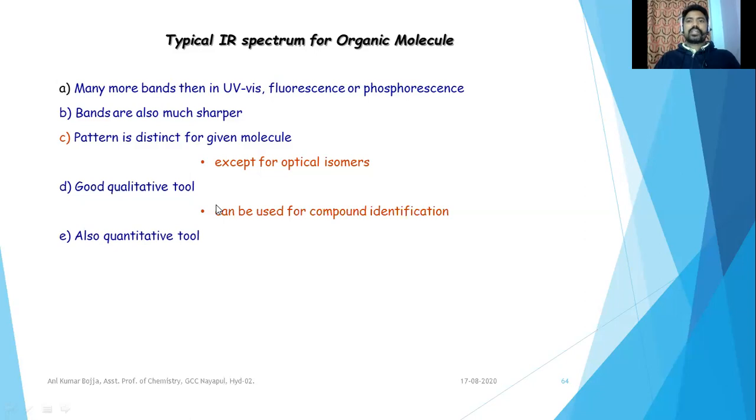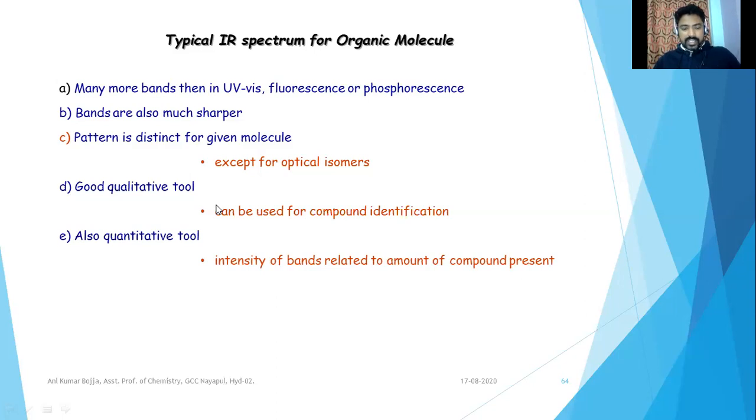It is also a quantitative tool, in the sense that it provides information quantitatively during the progress of a chemical reaction. Of course, we can identify how much completion of a chemical reaction has occurred. Simply put, reaction progress can be monitored through IR spectroscopy. Intensity of bands, not bond, since a bond is a chemical bond.